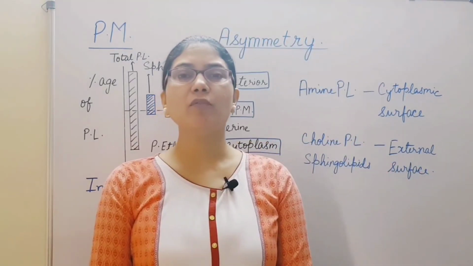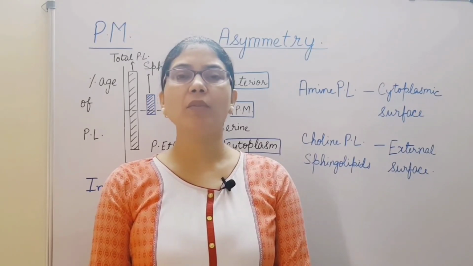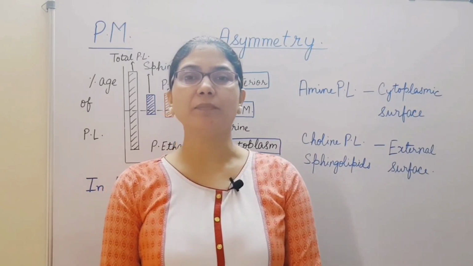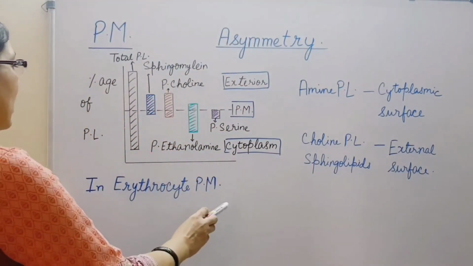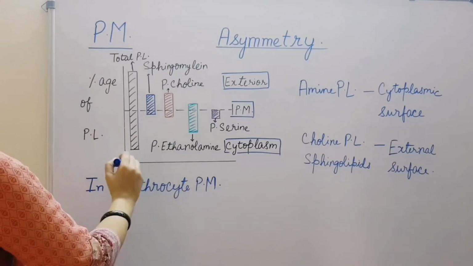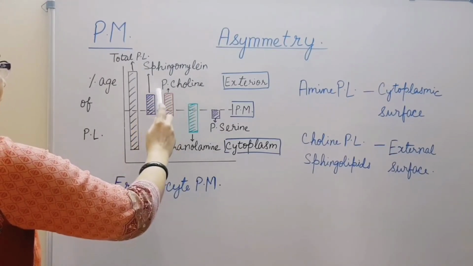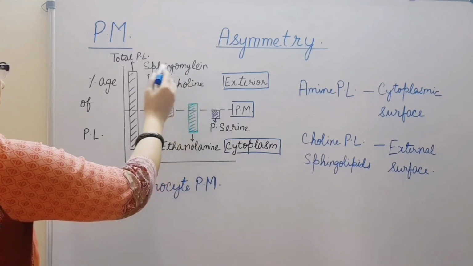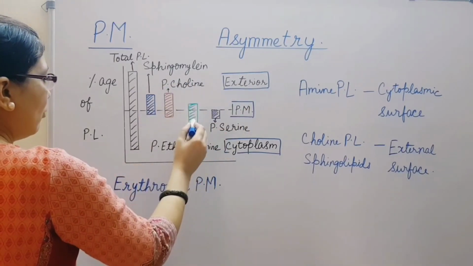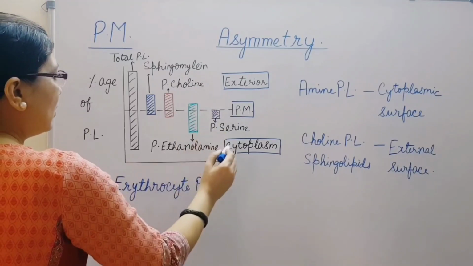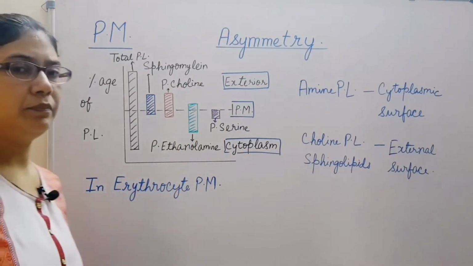But the distribution of phospholipid is not the same in all plasma membranes. It may vary from cell to cell. We can see the example of the erythrocyte plasma membrane, which shows the percentage of phospholipids. Sphingomyelin and phosphatidylcholine are present more on the exterior surface, and phosphatidylethanolamine and phosphatidylserine are present more on the cytoplasmic surface.